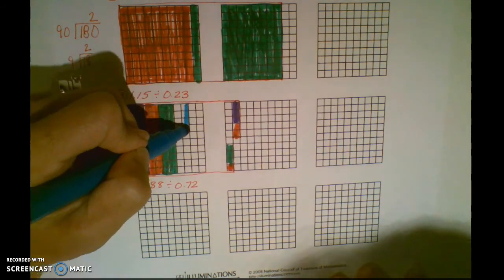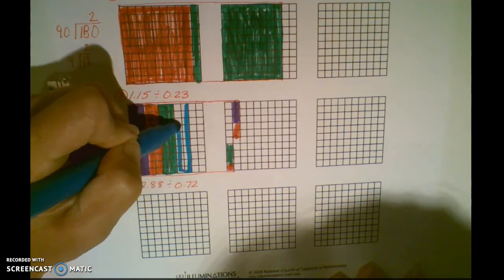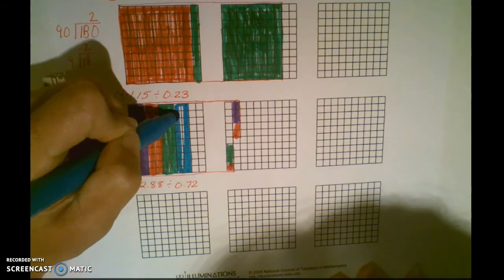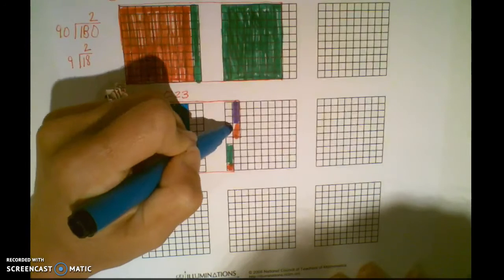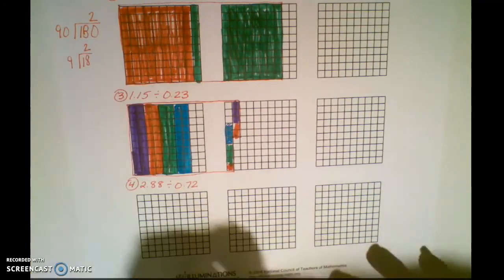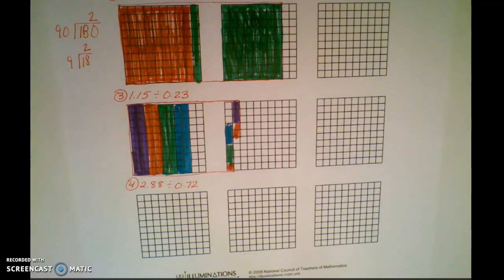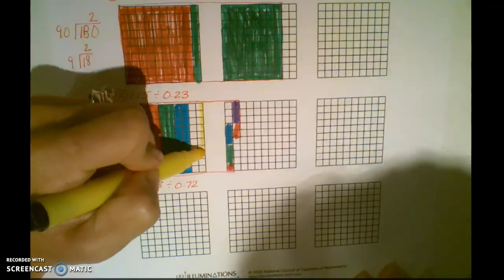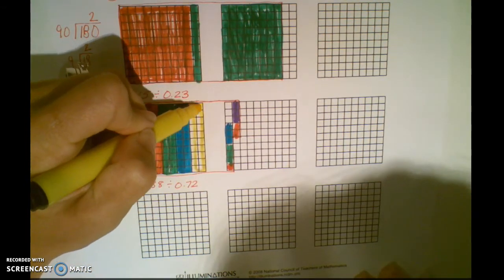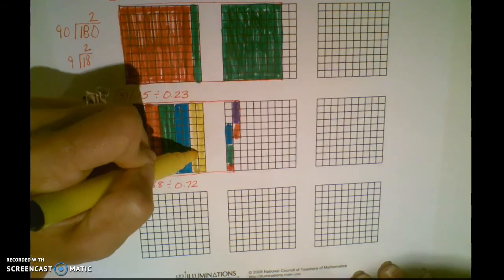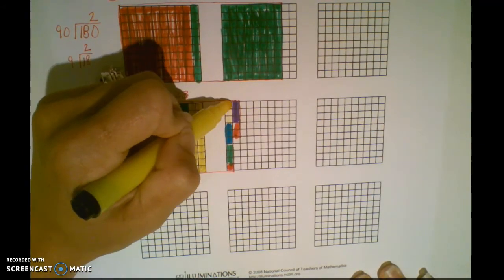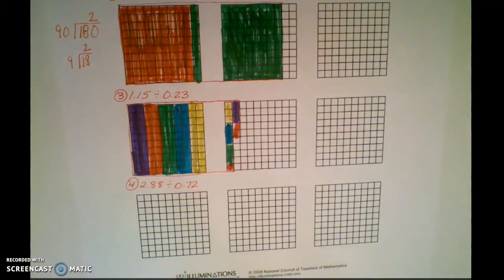I can do it again. Here's 20, and 3. So I've shaded in another 23. Grab and pull out another color. Here is 20. And 3. Oh, phew, done. Shaded them all in.